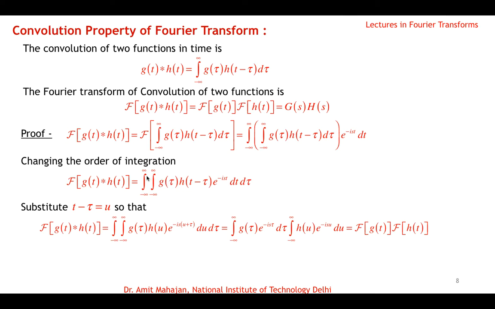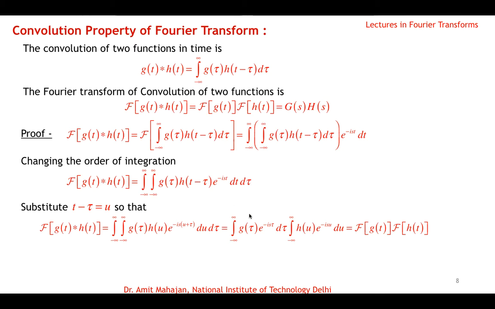If you substitute t minus tau as u, then g(tau) remains as it is, this becomes h(u), and t is substituted as u plus tau, so e raised to the power minus i s (u plus tau). The Jacobian determinant is 1 in this case, and dt d tau becomes du d tau. You just need to go back to the calculus class to see how to substitute the values in a double integral.